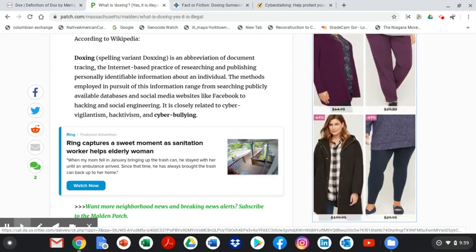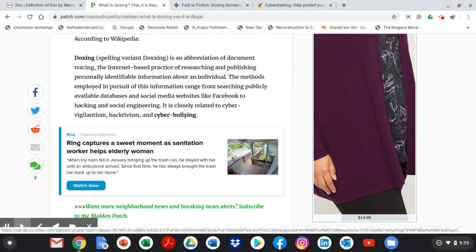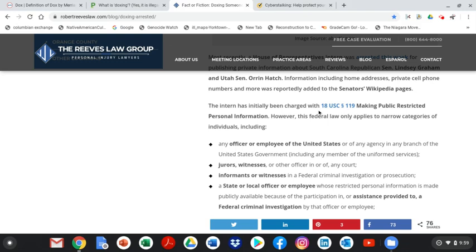However, there is some controversy about this because if you look at the U.S. Code, Federal Law 119, making someone's information public restricted information is against the law. There was actually an intern who worked for some Democratic representatives in Congress, was upset at these Republicans, and he used his position, found the Republican senators' information and published it on Wikipedia.